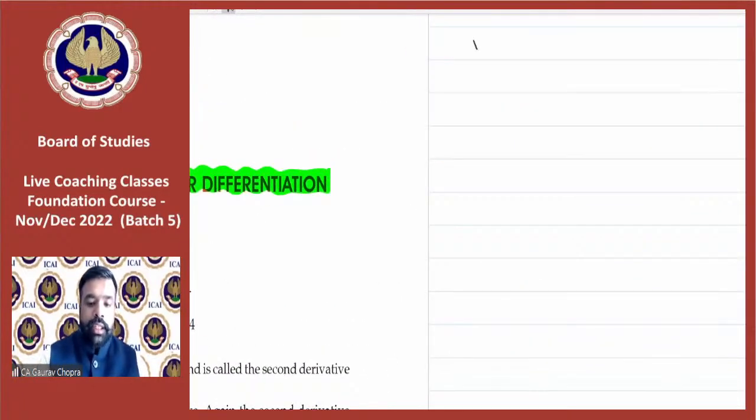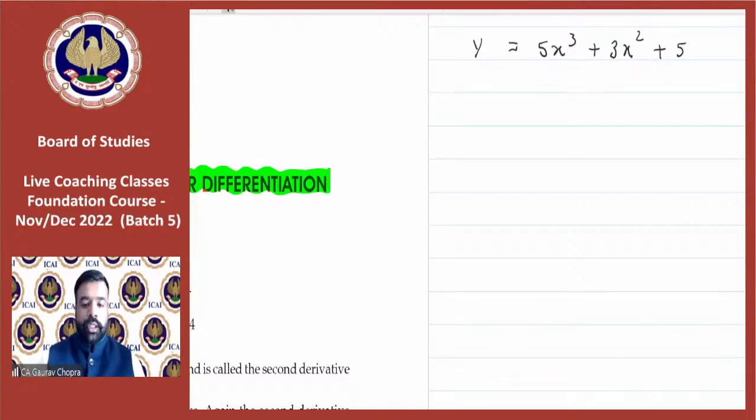Let's say there is a function y is equal to 5x cube plus 3x square plus 5. If we have to find the derivative, then we write dy by dx.